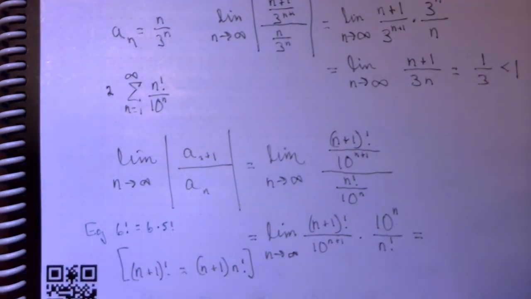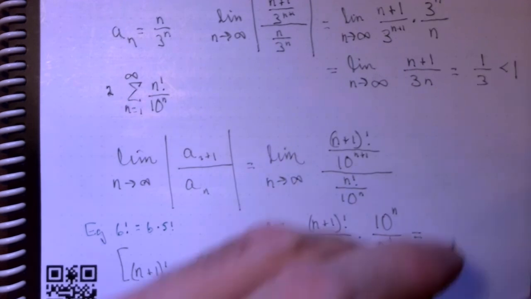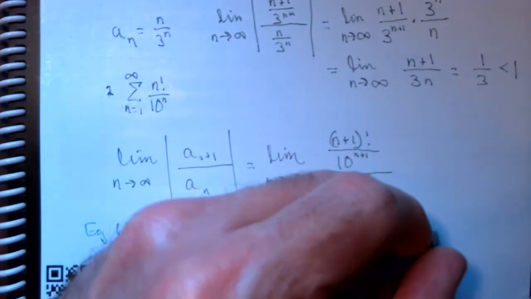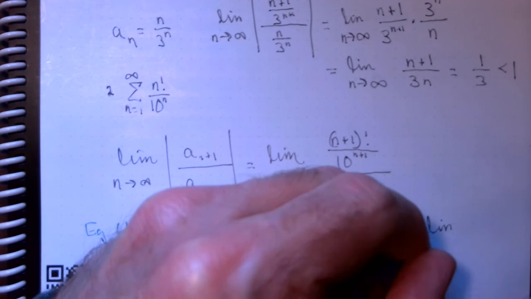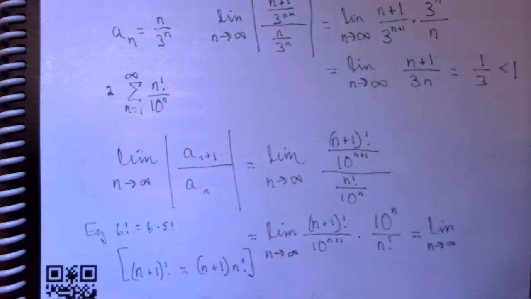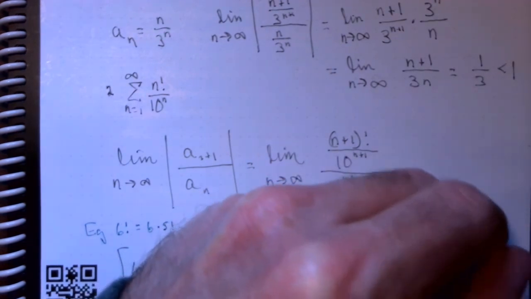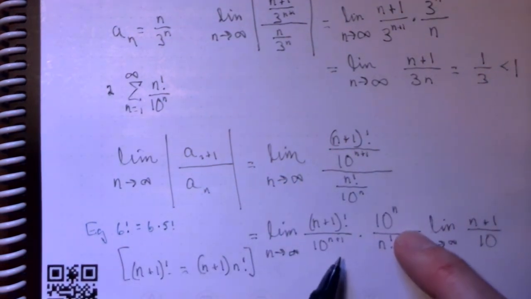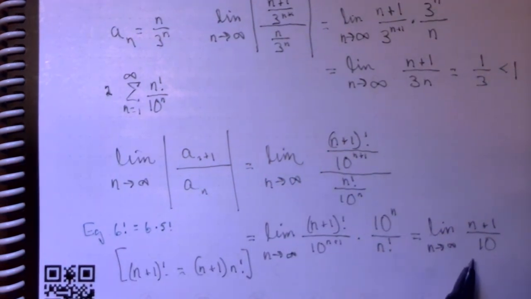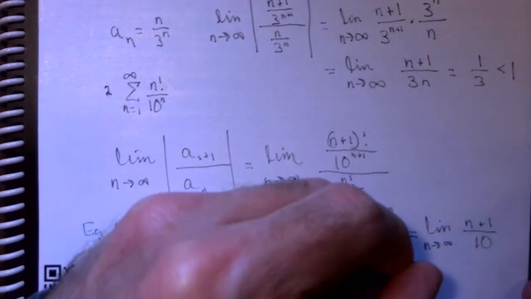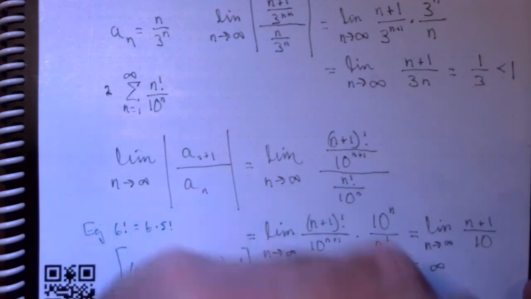So we can do some cancellations here. The limit as n goes to infinity of n plus 1 over 10. Notice the powers of 10 will leave me with a 10 in the denominator. And that limit is actually equal to infinity.